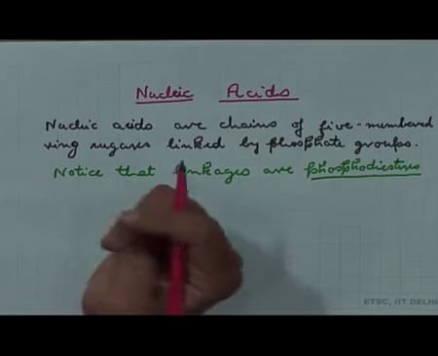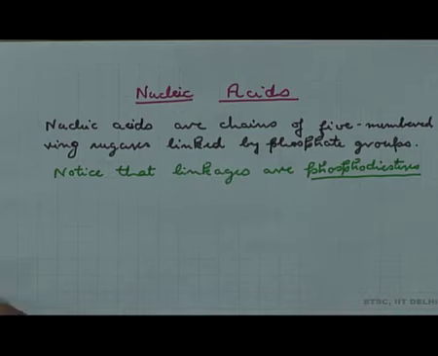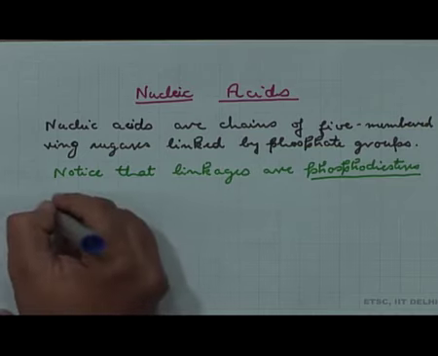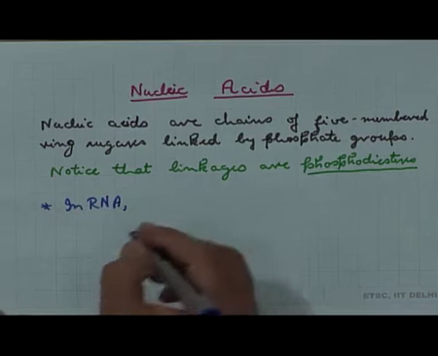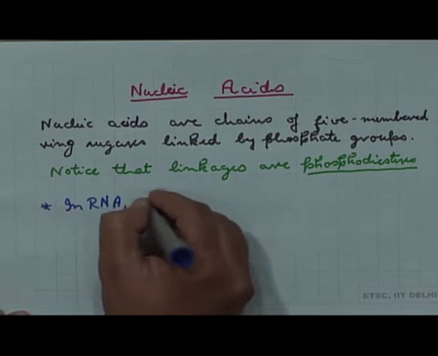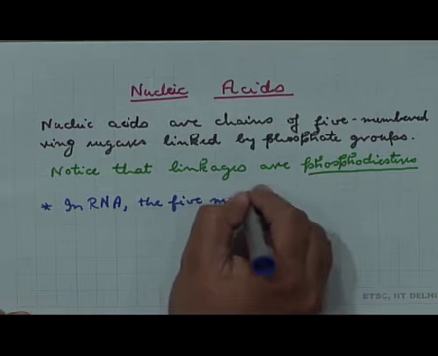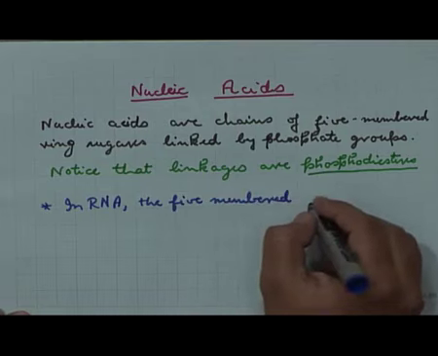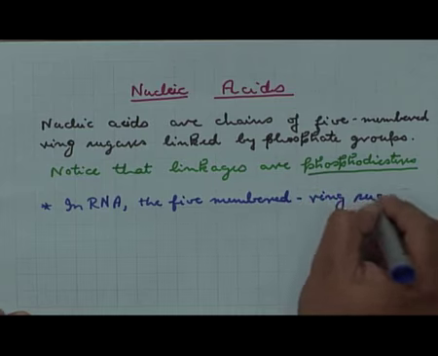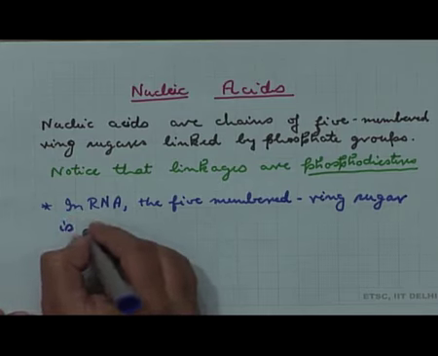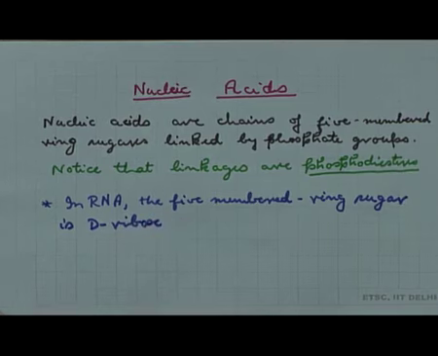We know that there are two types of nucleic acid, DNA and RNA. How are they different? In RNA, the 5-membered ring sugar is D-ribose.